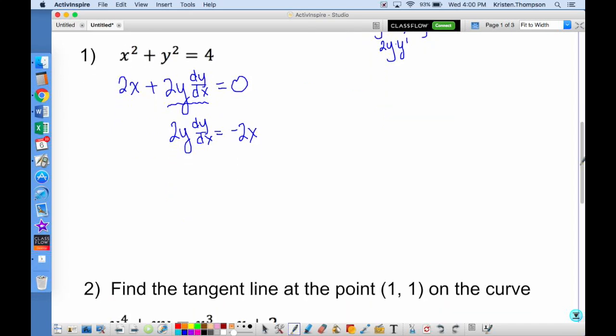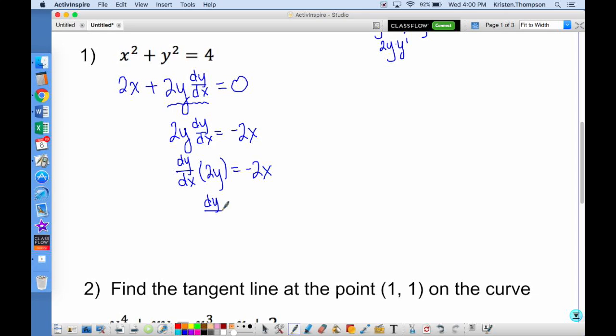Step 3 is to factor out the dy dx. Since the left side only has one term, factoring out dy dx is just as simple as writing dy dx times 2y. And the last step, step 4, is to solve for dy dx. So we're just going to divide by whatever it's multiplied by, in this case, 2y.